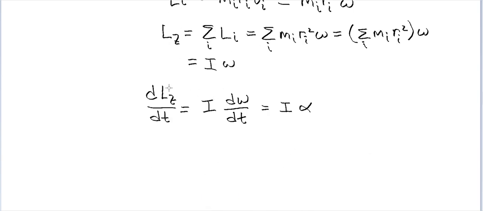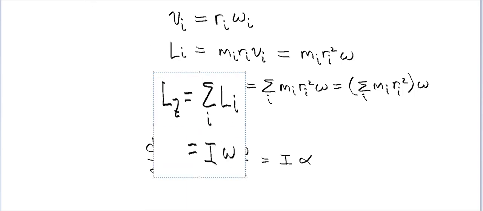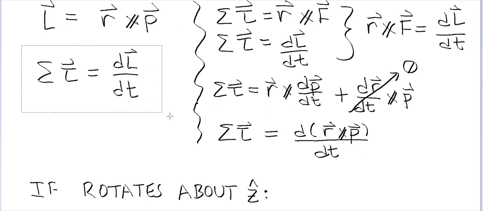And so lastly for today, dLz dt would just be I times d omega dt, but d omega dt is alpha. And so we can say that the first time derivative of the angular momentum is I alpha, which is at least justification of this statement.